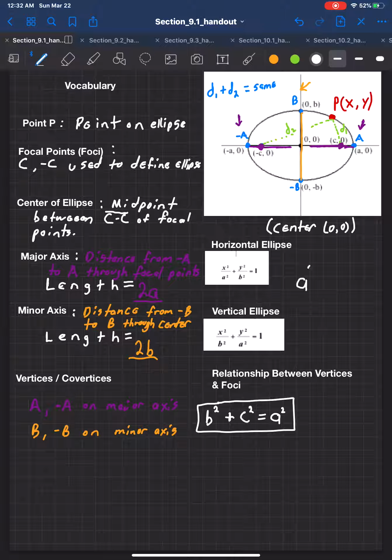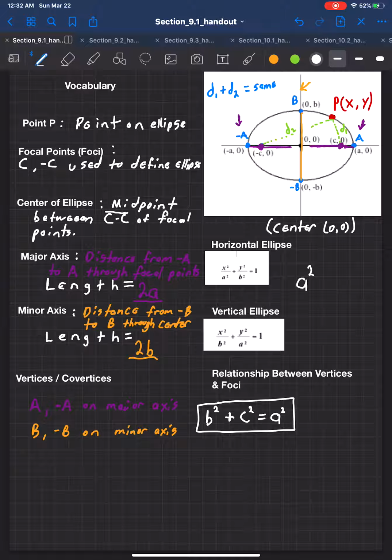So a squared, okay? If you look at both formulas, a squared is in both formulas. Probably the best way that I can explain this to you is that if you stretch your circle, remember if you start with a circle and you stretch it more in the horizontal distance, then that would mean a squared is larger under the x squared because you stretched it horizontally, right?